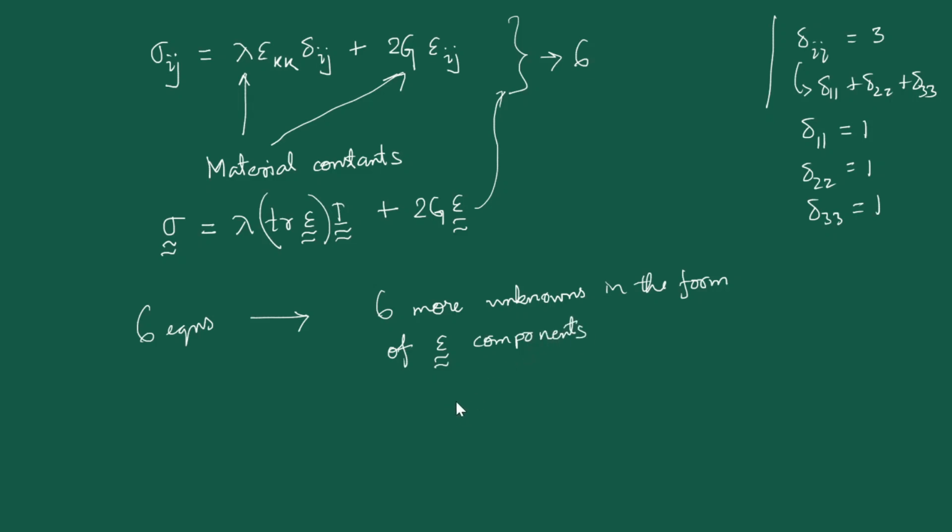Now again, it may seem like bad, but our job is almost done, because you remember from your kinematics chapter, but not to worry, because we have in our hand 6, please note this number 6, strain displacement relations.